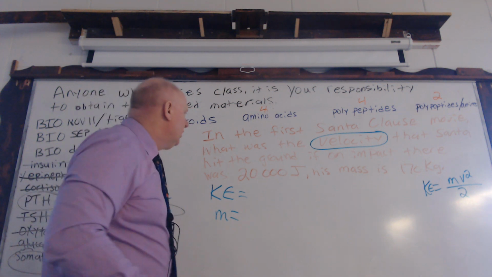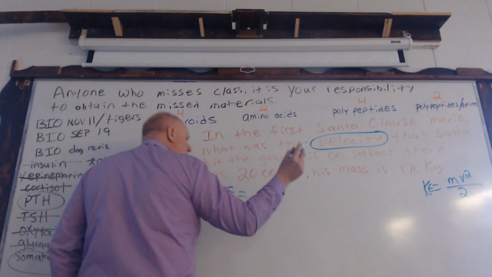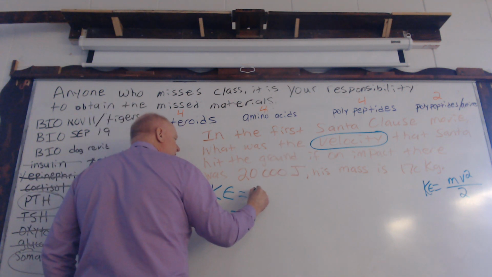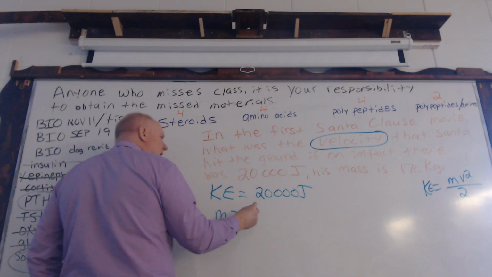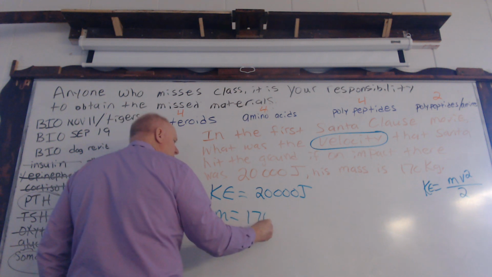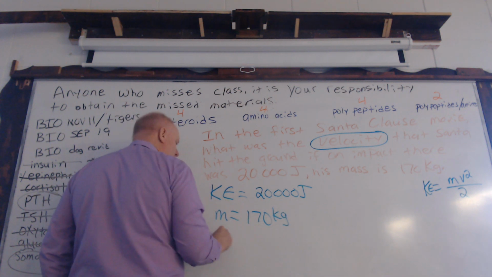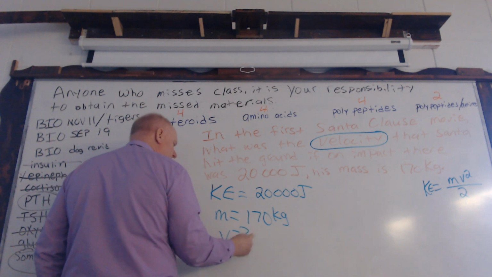Okay. So our kinetic energy is what? 20,000 joules. Okay. And his mass is approximately what? Okay.